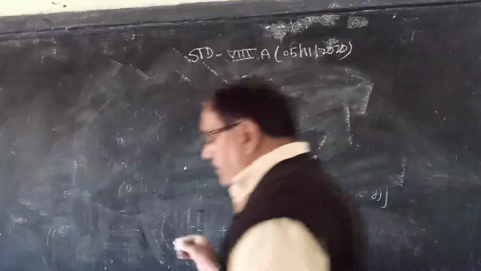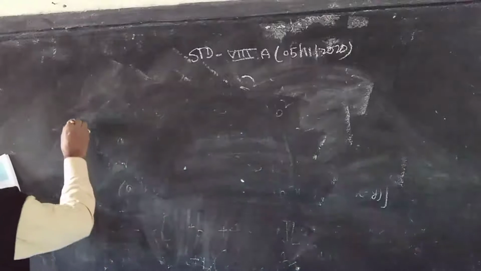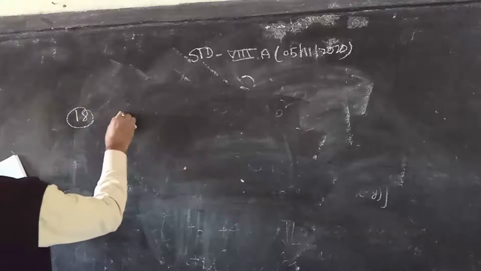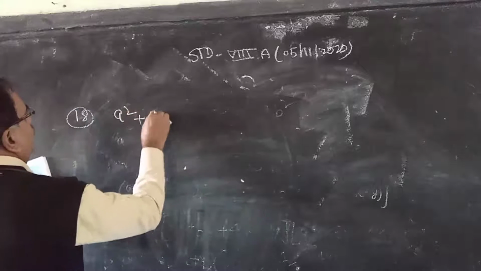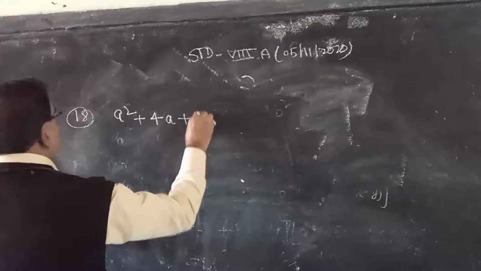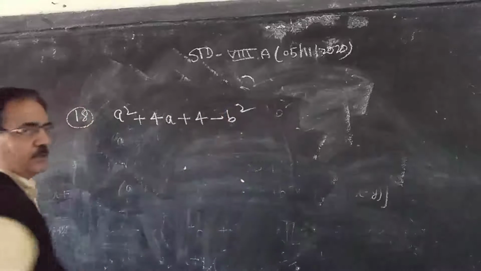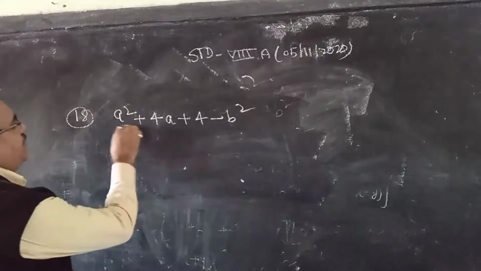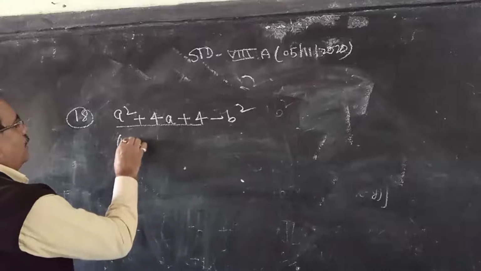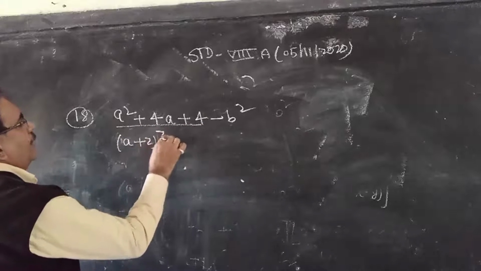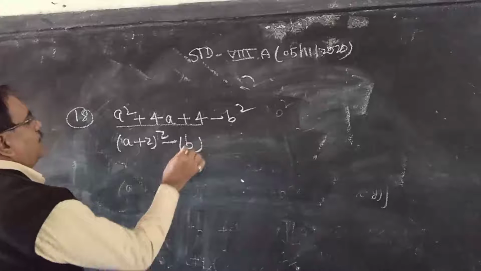So question number 18: a square plus 4a plus 4 minus b square. See, the first 3 terms are based on the formula for (a plus 2) whole square, and this is b square.